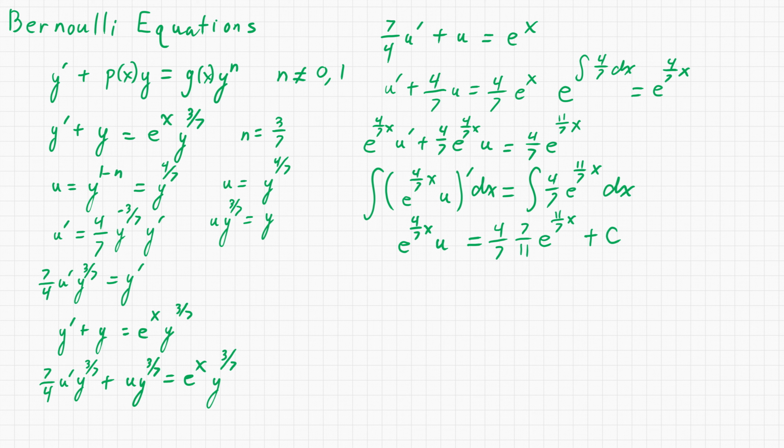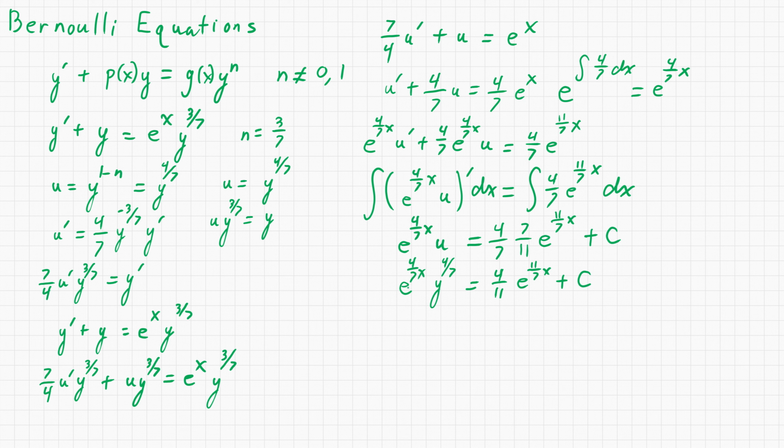All right, so simplifying that a tad, the 7s will cancel. Let's go ahead and put the y back in at the same time. So I have e to the 4/7 x. The u here was y to the 4/7. So y to the 4/7 equals 4/11 e to the 11/7 x plus c.